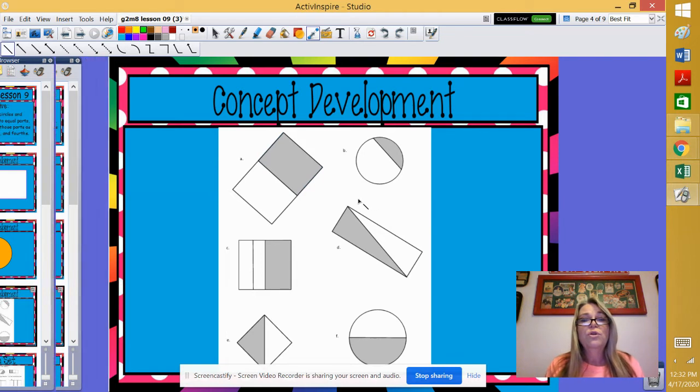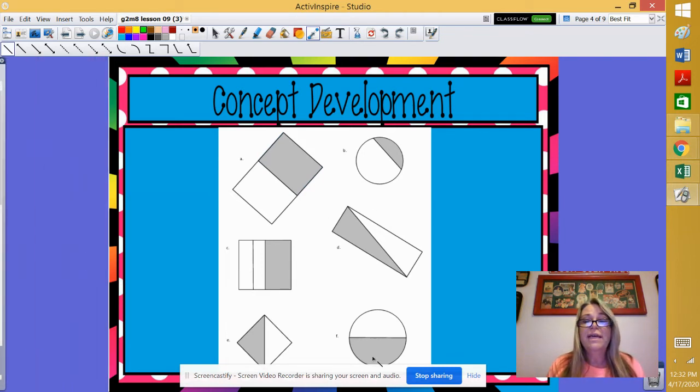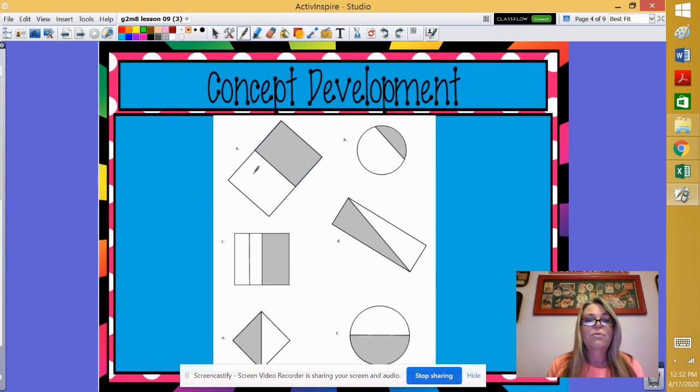Now, you're going to be looking at shapes and deciding whether they are partitioned into halves. So let's look. Let me get a pencil. Here we go. When we look at this, is this side the same amount as the shaded side? Yeah. The white side is the same amount as the shaded side.